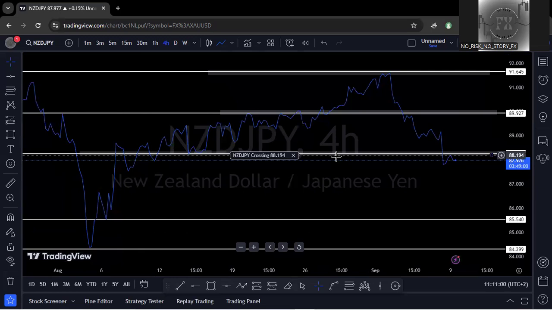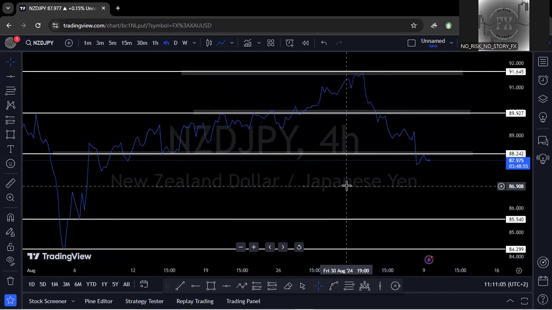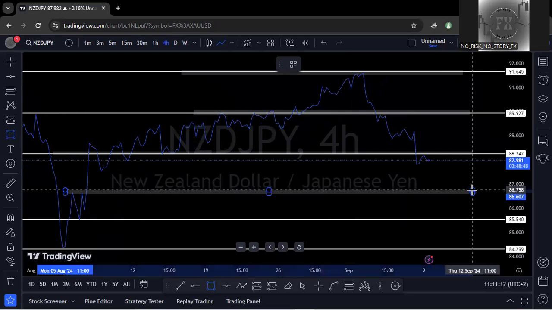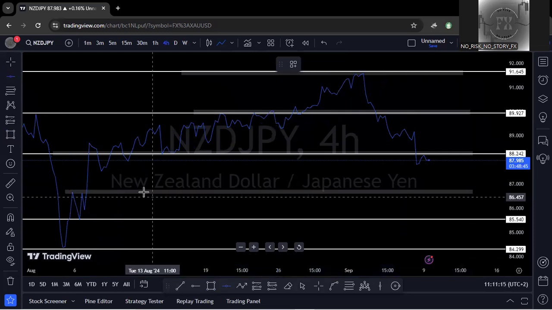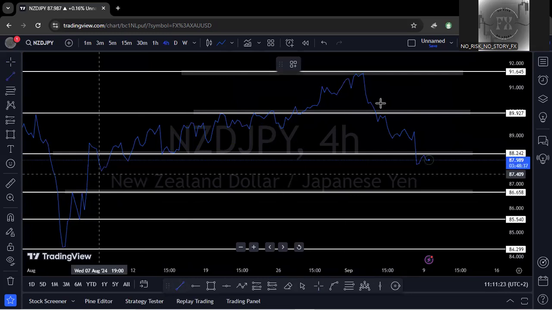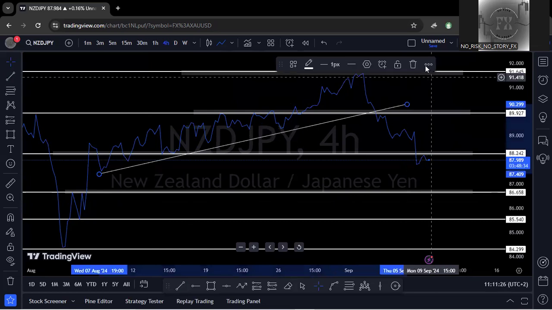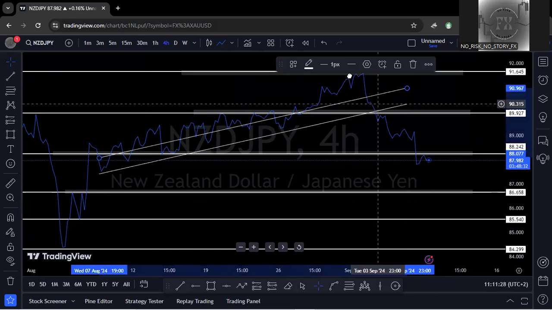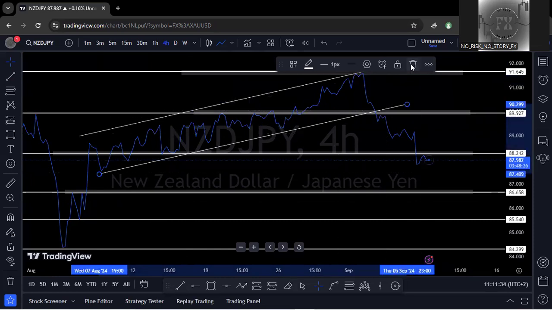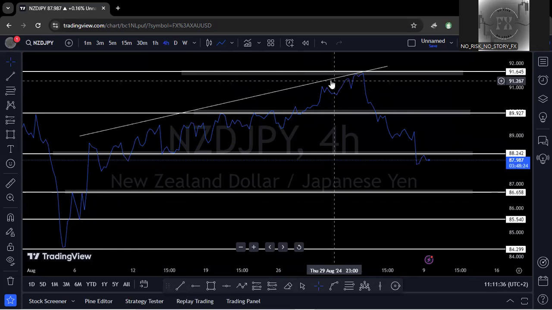Why did I set an alarm here? Remove. I don't need any alarm for now. And then I have this area here, which we just put as support. And I can see that I had this bullish channel or bullish trend, right? And then it was broken, retested, and then the market shot down. So yeah, simple.